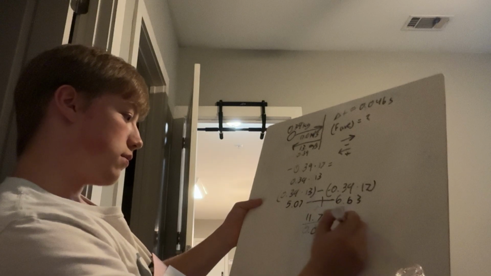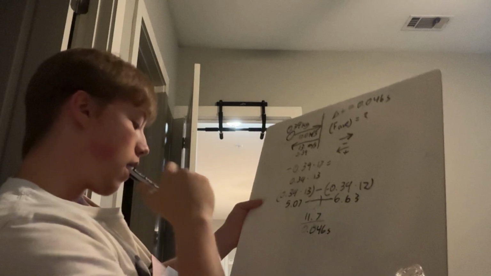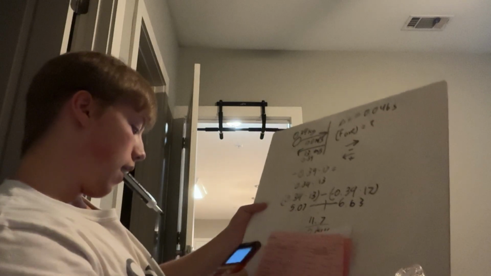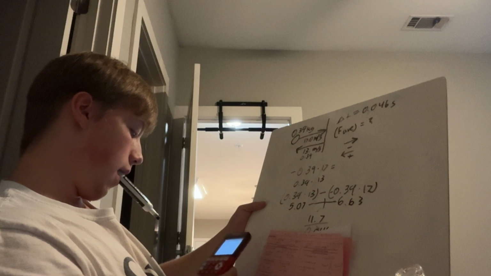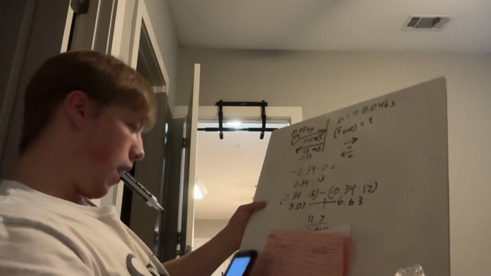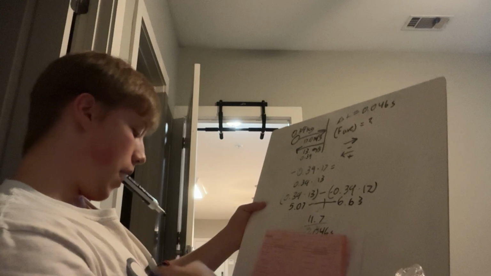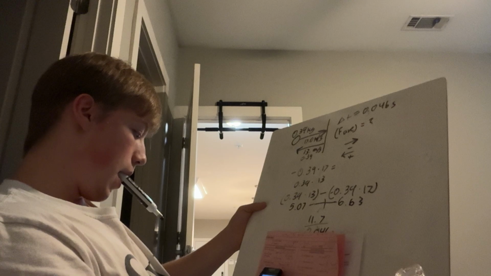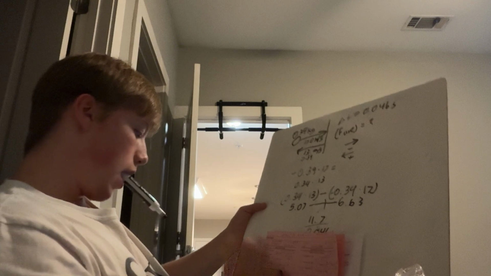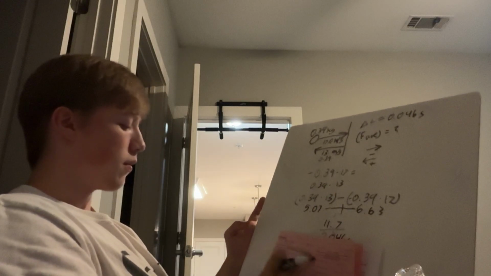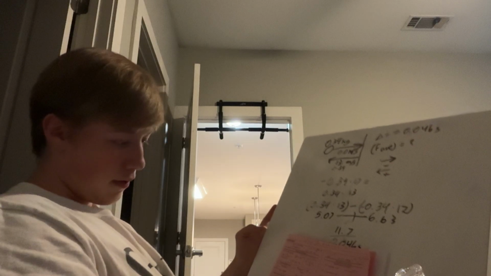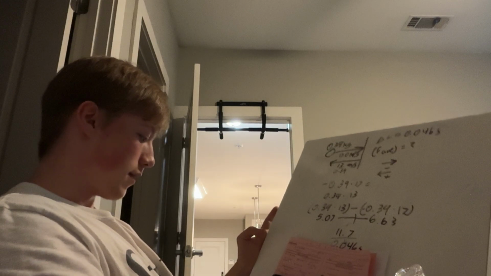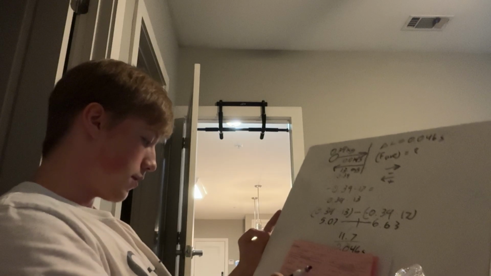0.046 seconds. Whoa, I can't be right. Maybe it is right, but that's a huge number. 11.7 divided by 0.046 gives us 254. What mode am I in? Oh, I'm in radians mode. Hold on one sec. Does it change?